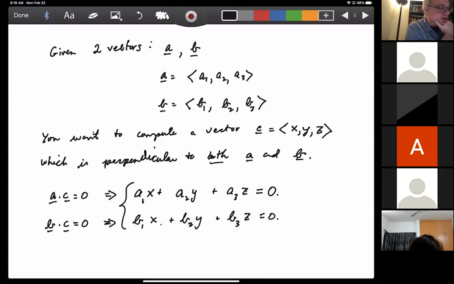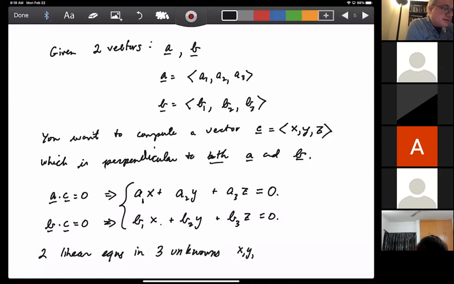So that's a set of two linear equations in three unknowns, the unknowns being X, Y, and Z. So if you've solved linear systems before, you might expect that with fewer equations than unknowns, there should be infinitely many solutions. And in fact, that's the case. There are many, many solutions here.